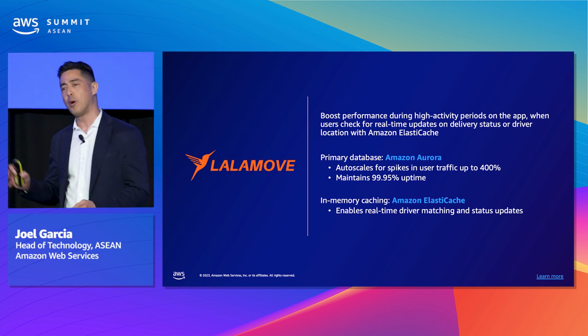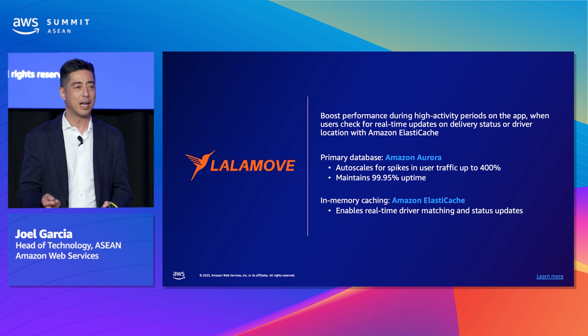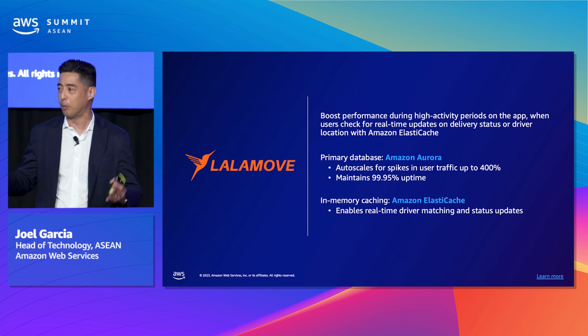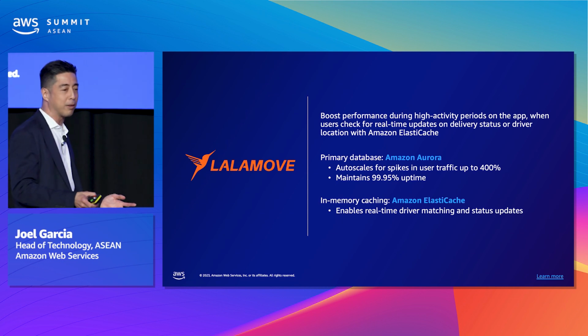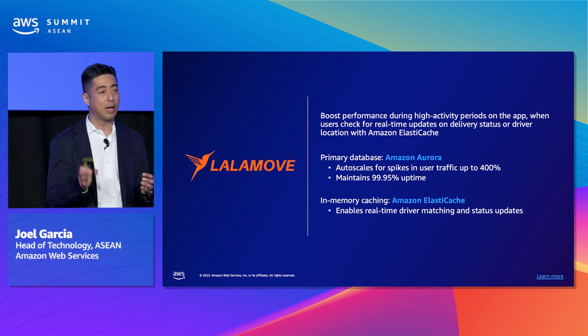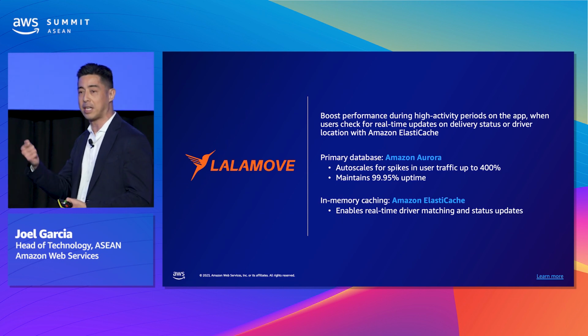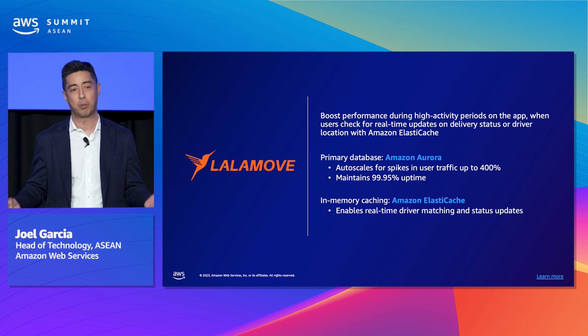But I'm one of those guys that frequently checks the status of whether my beautiful bike has made it home safely. As a result, Lalamove uses Amazon ElastiCache to deliver that low latency status and driver matching, so that I get that information almost instantaneously when I'm querying.